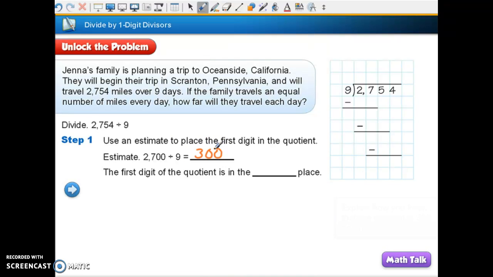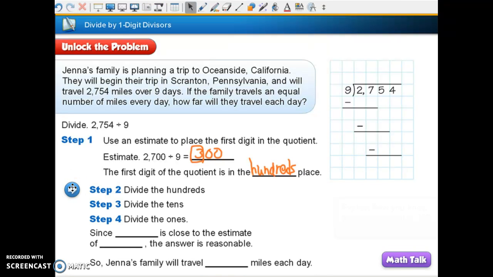The first digit of the quotient is in what place? What place value? 100. So the first digit of the quotient is going to be in the hundreds. Okay, step 2.